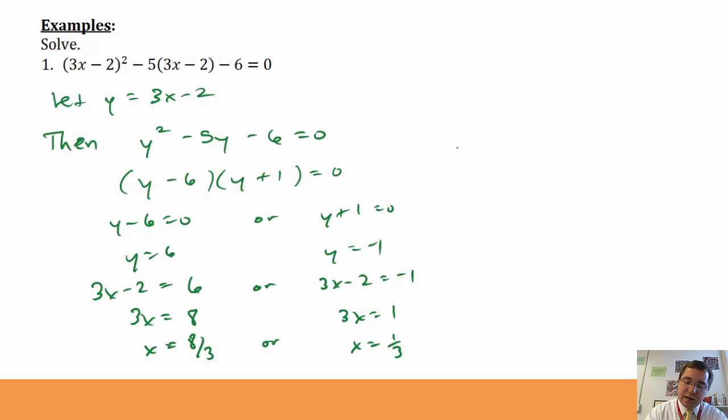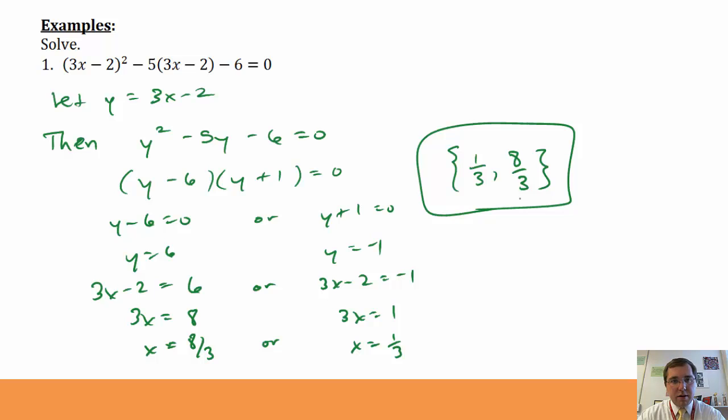So my solution set is 1 third comma 8 thirds. So I pick another variable, replace the expression that my equation is quadratic in with that variable, solve it for that variable, replace it with the original expression, and solve for the original variable. Not really that complicated.